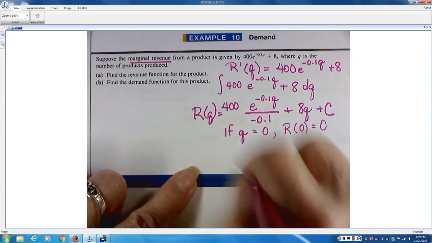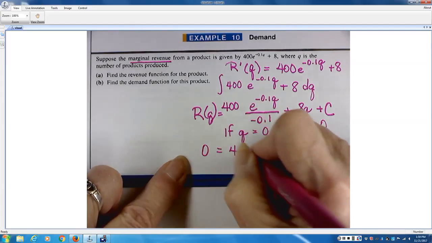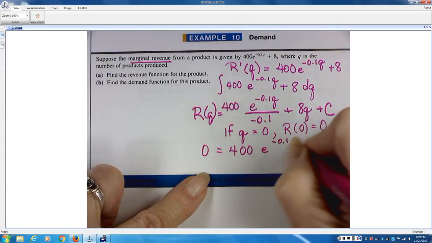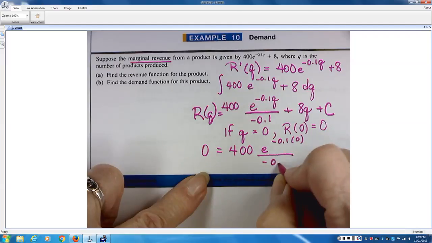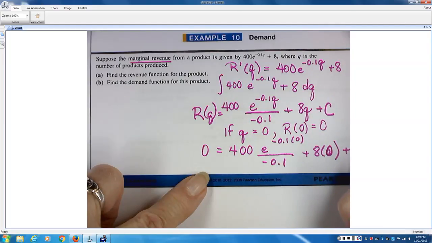So what that means is that we have 0 is equal to 400 e to the negative 0.1 times 0 over negative 0.1 plus 8 times 0 plus the constant.